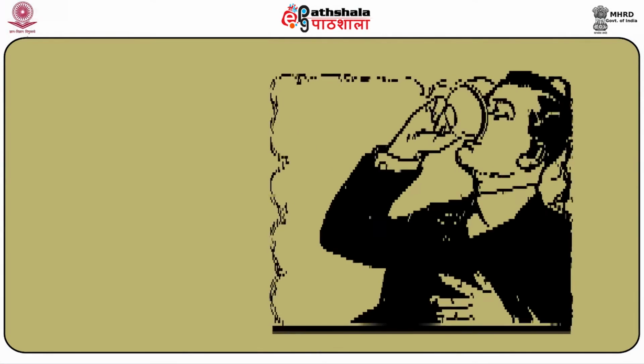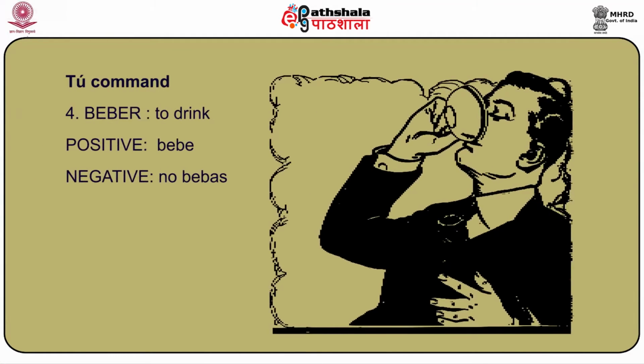So, beber, to drink, in the positive command would be bebe. The negative command would be no bebas. I repeat, the positive command of beber is bebe. The negative command of beber is no bebas.